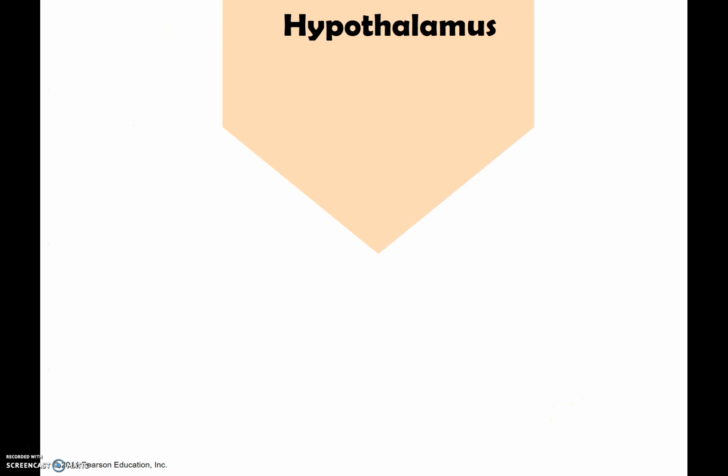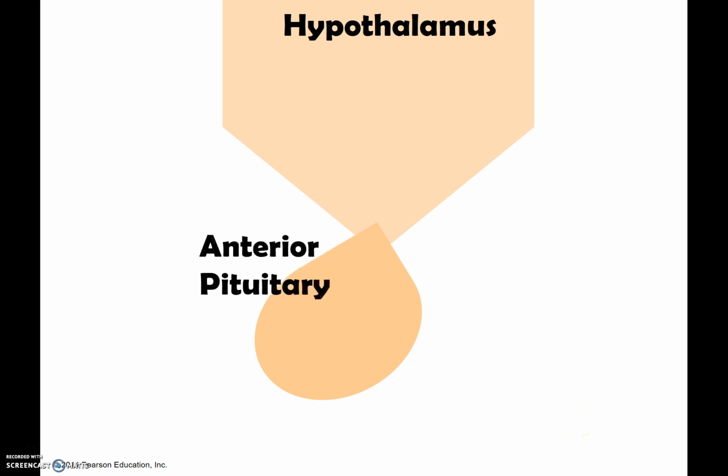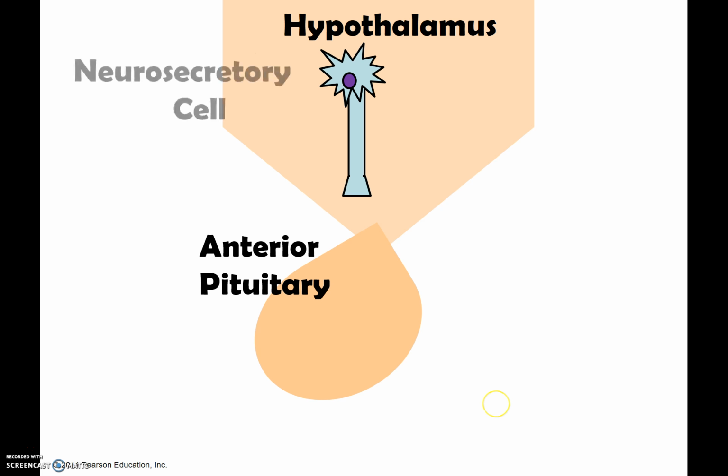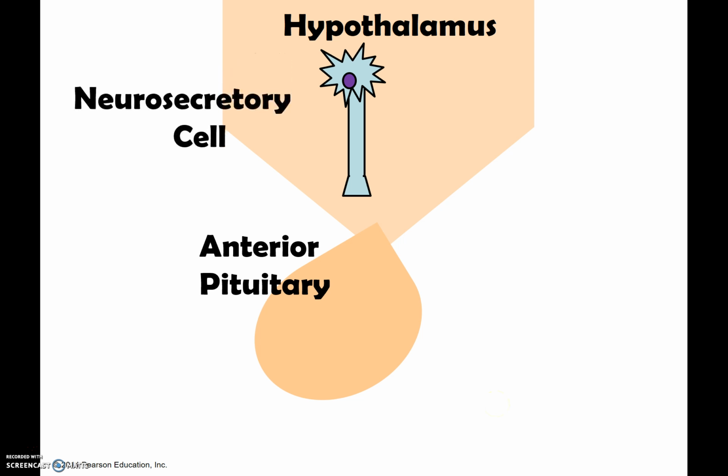Okay, so here you have the hypothalamus, and right below it we have two parts of the pituitary. There's the anterior pituitary as well as the posterior pituitary. Now first, we're going to focus only on the anterior pituitary. Here we have these special neurons called neurosecretory cells. You can see in this word that it's going to secrete something.